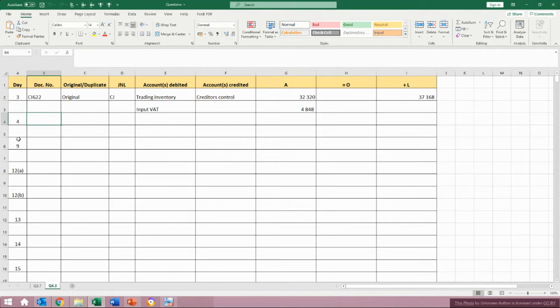Who can tell me what is the document number that we have to type in here based on the information they've given us? Okay, so what's the document number, guys?